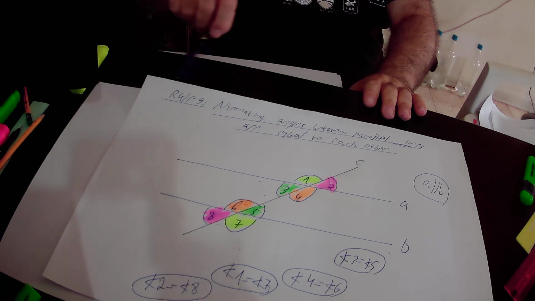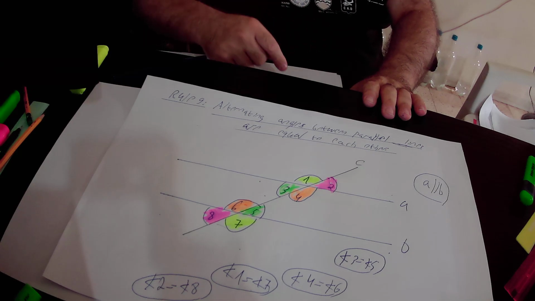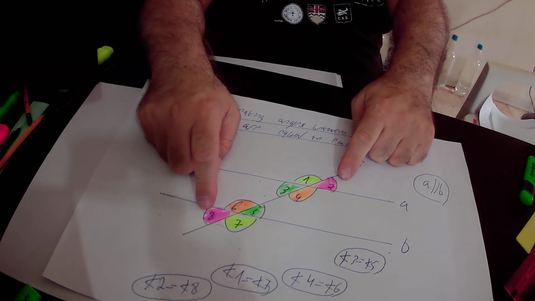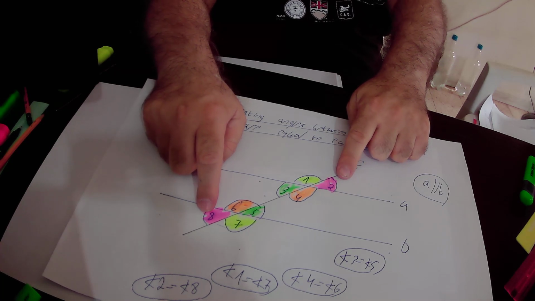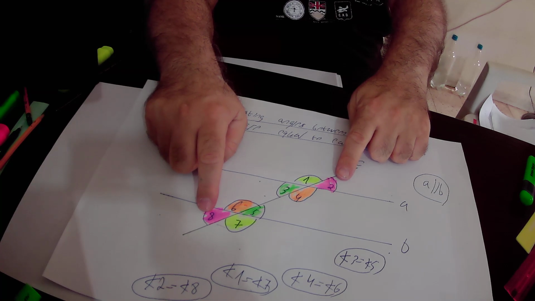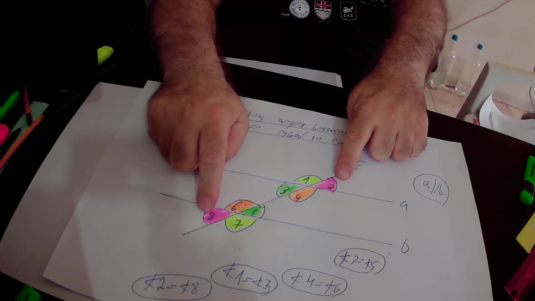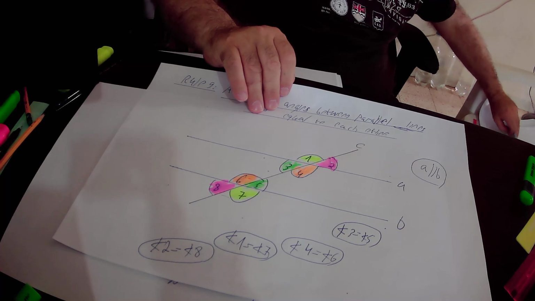Here, line A is parallel to line B. Those two pink angles are defined as alternating angles, and they are located between the parallel lines A and B. Therefore, they are equal to each other. Those two alternating angles are equal because they are located between the parallel lines A and B. We can implement rule number 9 in our drawing.